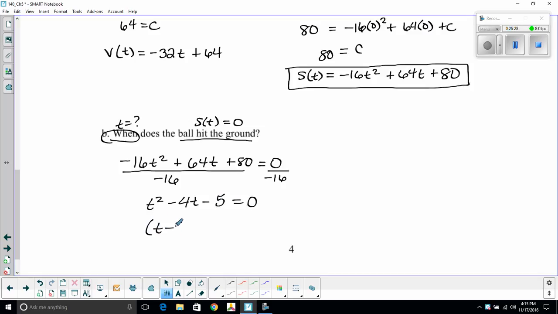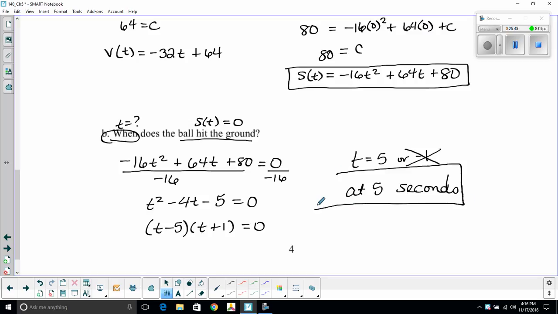So that's going to be t minus 5 times t plus 1. So then t equals 5 or negative 1, but that's nonsense. So it hits after 5 seconds. And of course you can use the quadratic formula if it was not factorable.